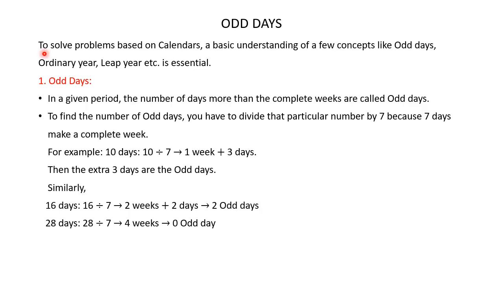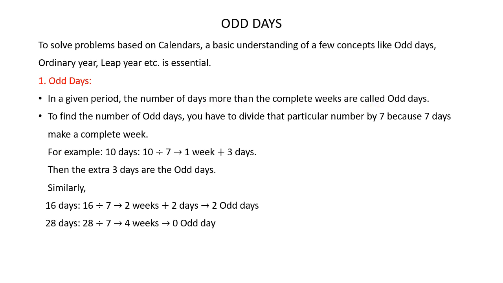To solve problems based on calendars, a basic understanding of a few concepts like odd days, ordinary year, leap year, etc. is essential. So first, let's learn about odd days. In a given period, the number of days more than the complete weeks are called odd days.